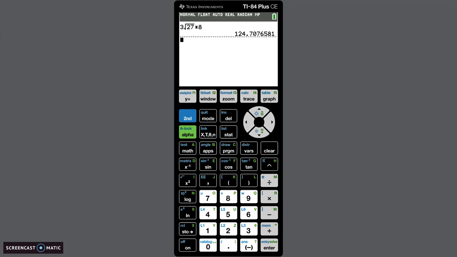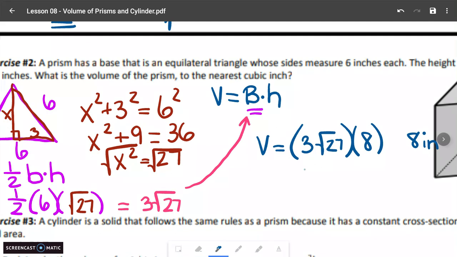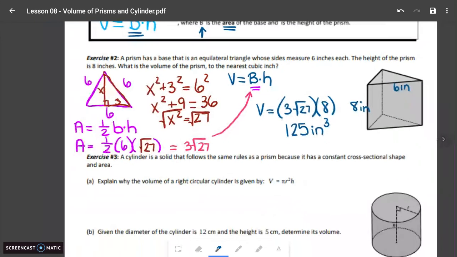And it happened to say round to the nearest cubic inch, I believe. So then we're looking at 125 inches cubed. Notice I saved my rounding to the very end. I plugged everything into the calculator, and that's how I found my volume.